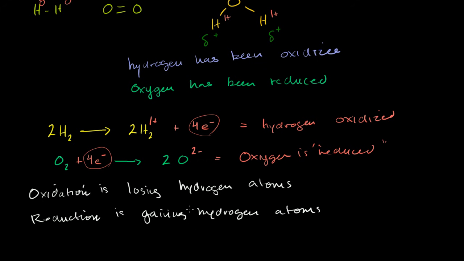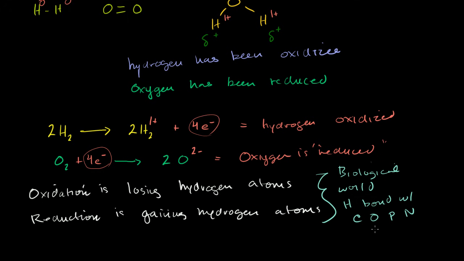the reason why this definition is consistent with this one is because in the biological world, hydrogen is what tends to get swapped around, and it tends to bond with carbon, oxygen, phosphorus, nitrogen.